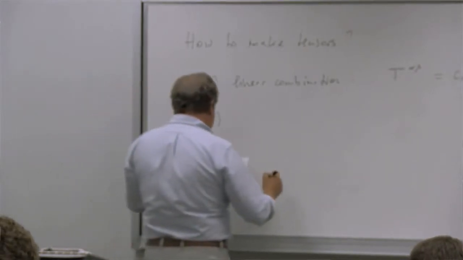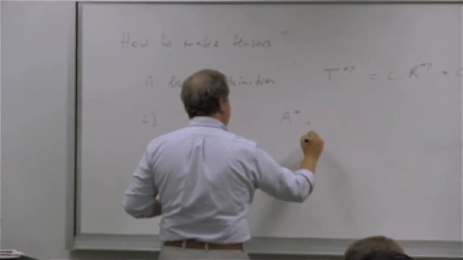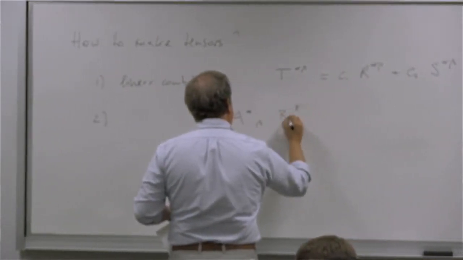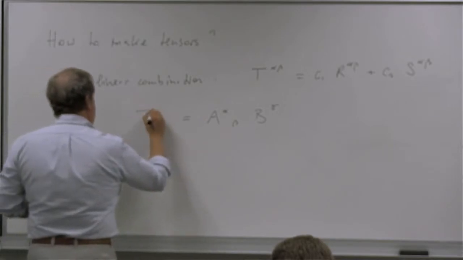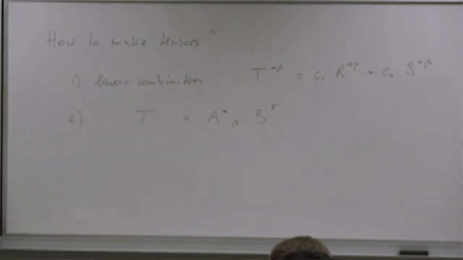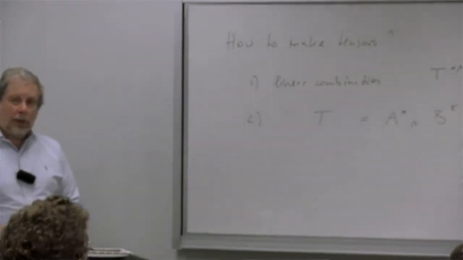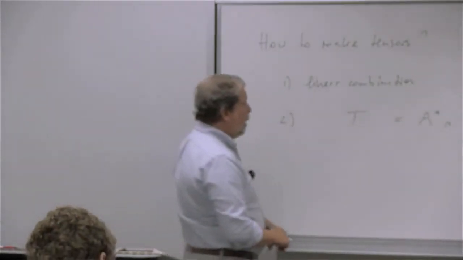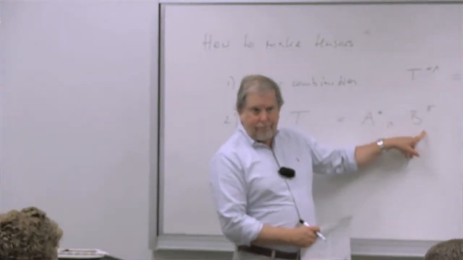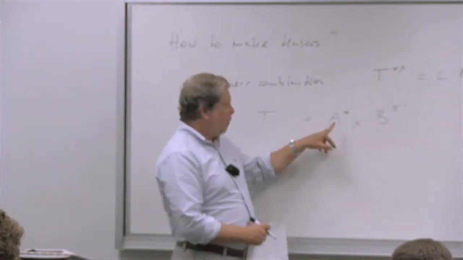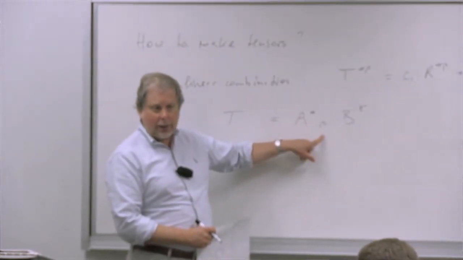a direct product. In other words, if you take A alpha and beta and B gamma, then this is also a tensor, and it is a tensor that inherits the correct tensor properties from the original tensors. So this one is a purely contravariant one. This is one that is contravariant in the first index and covariant in the second index.